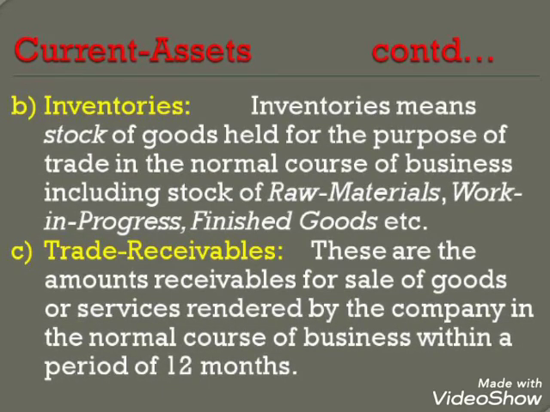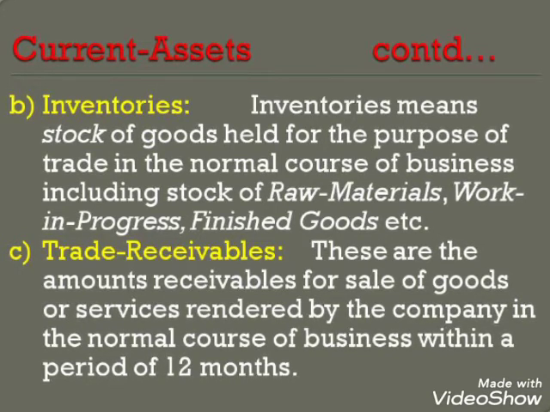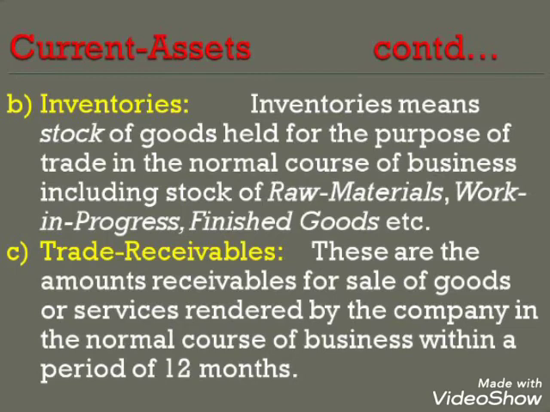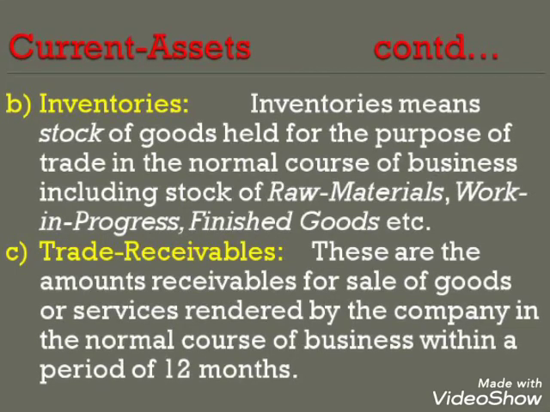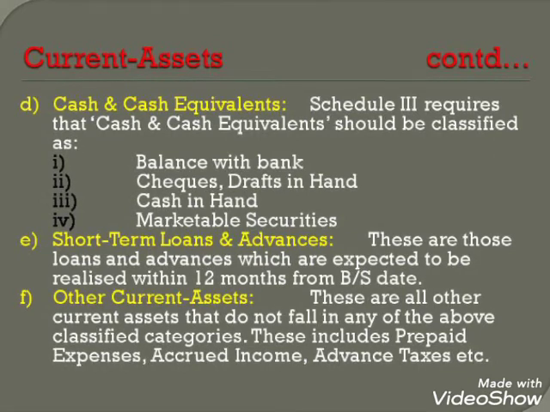Third is trade receivables. These are the amounts receivables for the sale of goods or services rendered by the company in the normal course of business within a period of 12 months. Fourth is cash and cash equivalent.